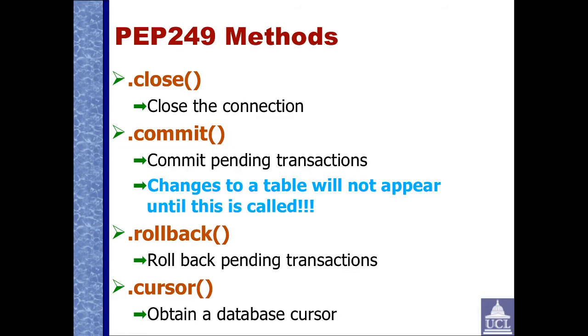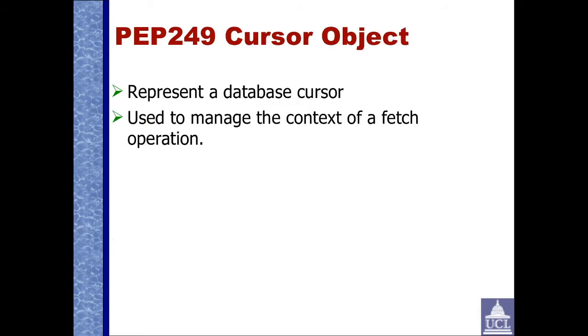So that's the way that we can look at the data that come back from a database query. So the PEP249 cursor object is used to represent a database cursor and is used to manage the context of a fetch operation. So fetching what is in the database.